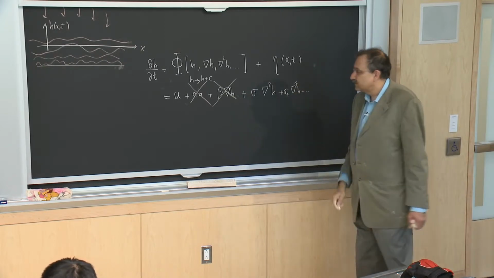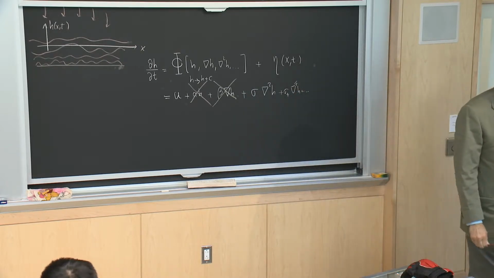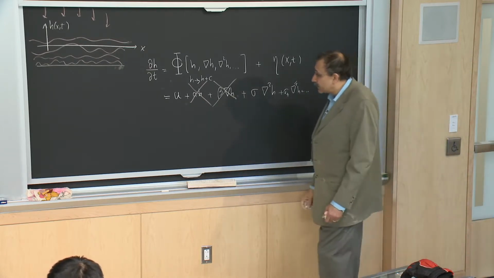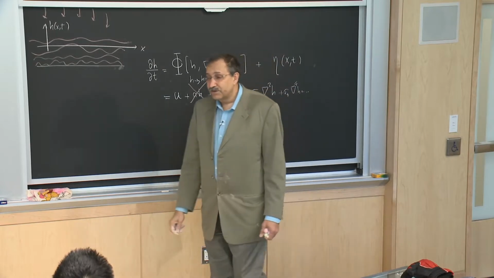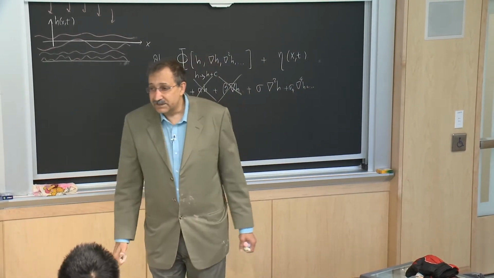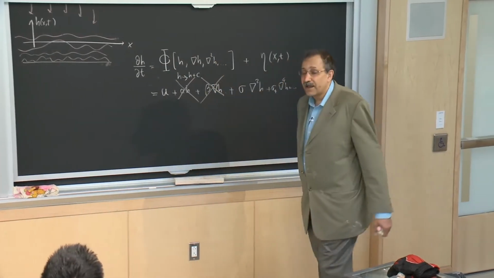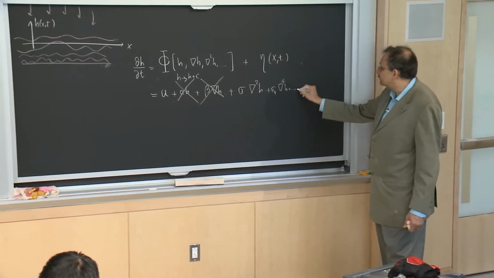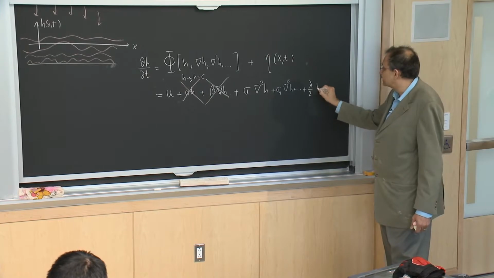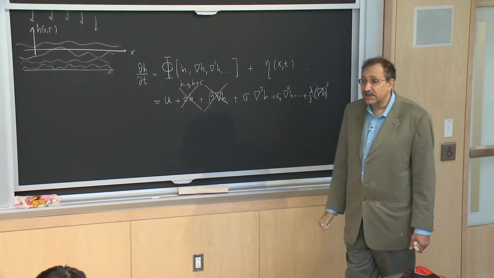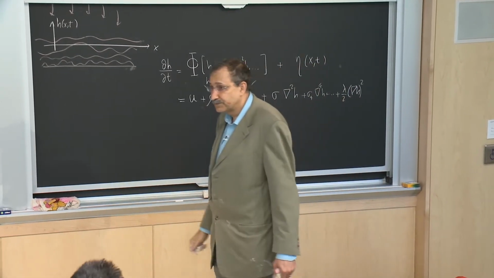There is nothing wrong with that. And then, if you think about it, you'll see that there is one interesting possibility that is not allowed for that system, but is allowed for this system, which is something that is a scalar. It's the gradient of h squared.